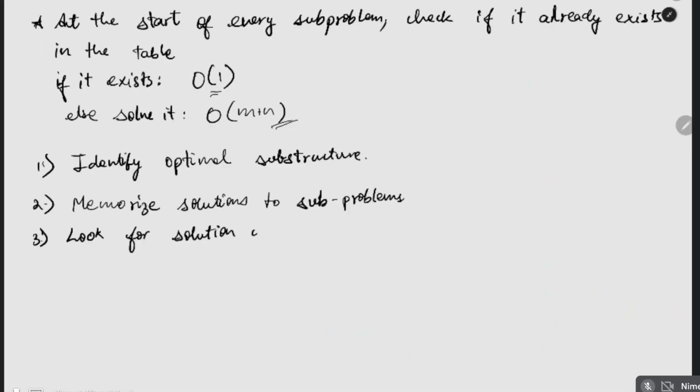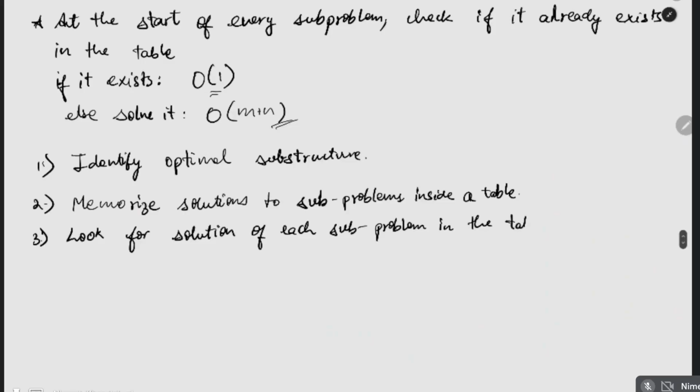We store the solutions inside a table, and then we look for the solution of each subproblem in the table before solving the problem, before essentially performing the recursion for that subproblem.